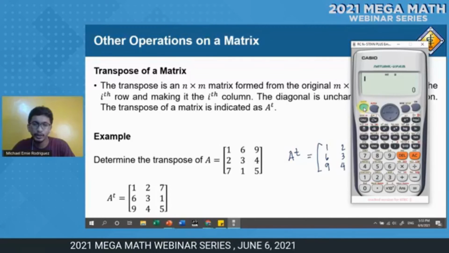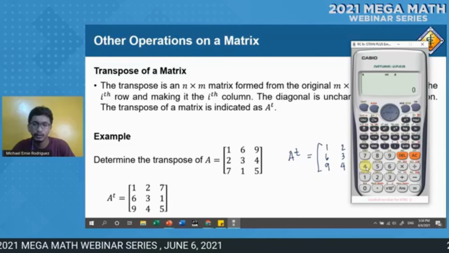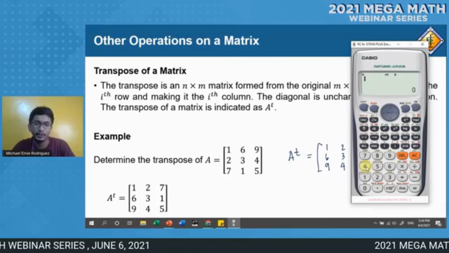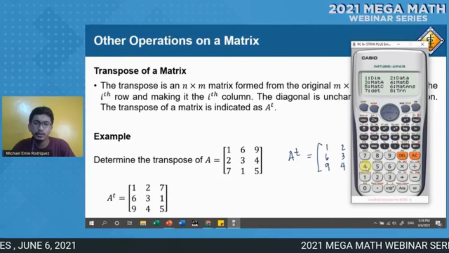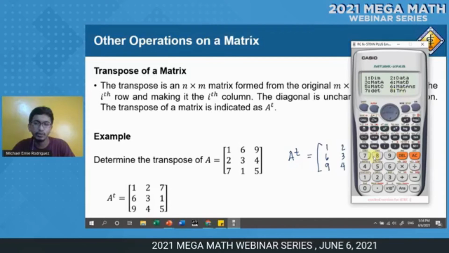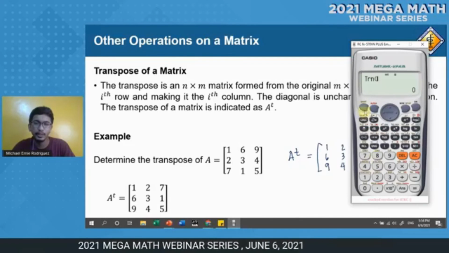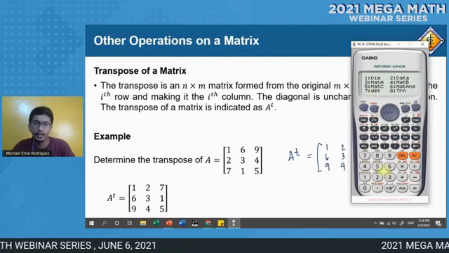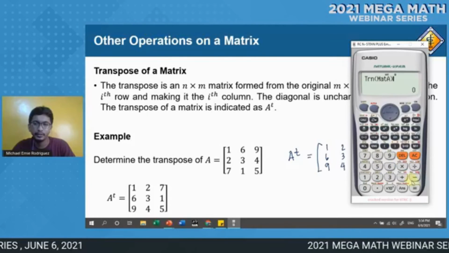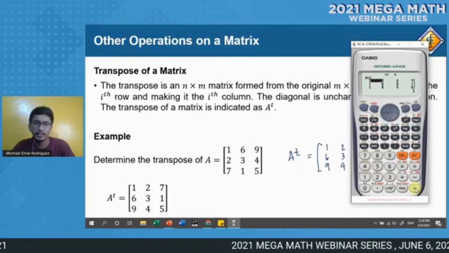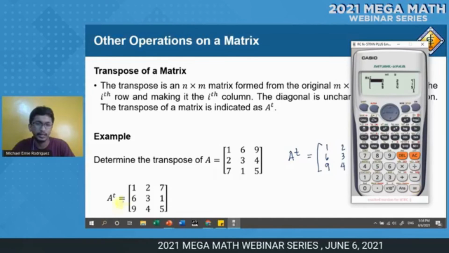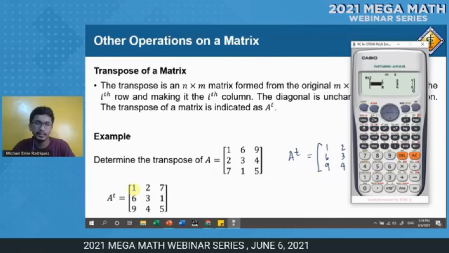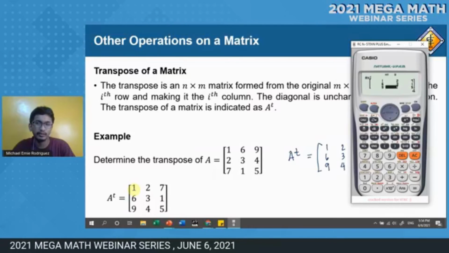So, to solve for the transpose, kung nakalimutan nyo, you can use itong TRN. So, number 8. So, that is transpose, TRN. Transpose of matrix A. Shift 4, 3, matrix A. So, we have 1, 2, 7, 6, 3, 1, 9, 4, 5.